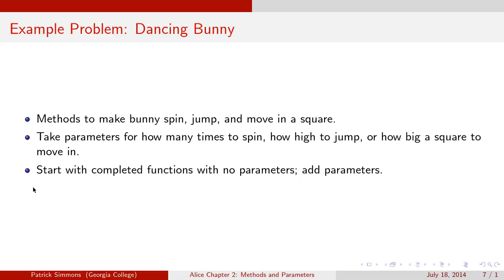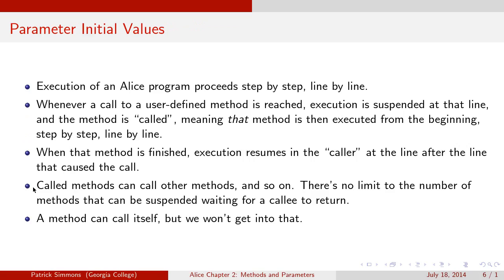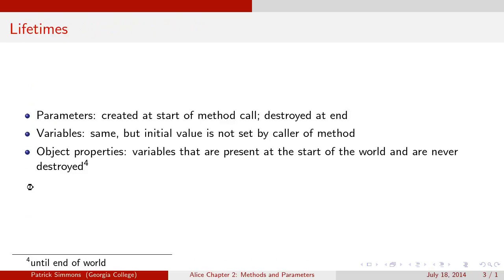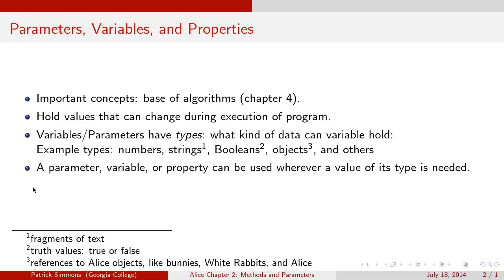So once again, just want to point out for later, parameters, variables, and properties have many similarities. They all have types. They're all things that you use to substitute for a value.